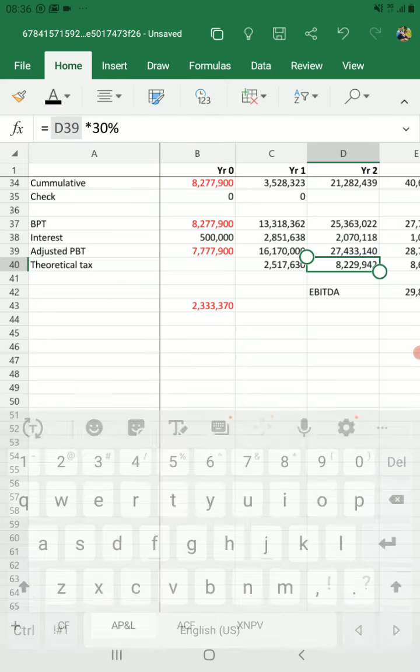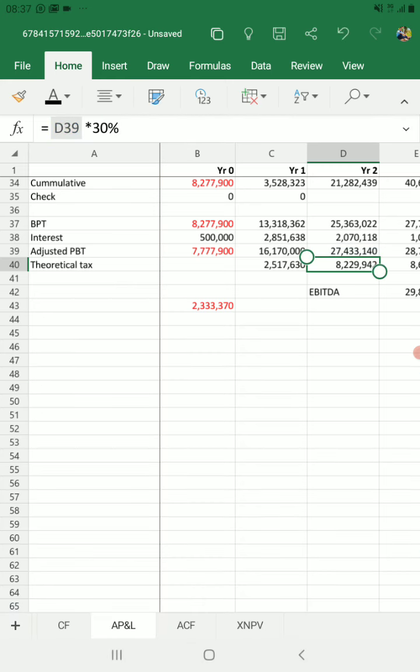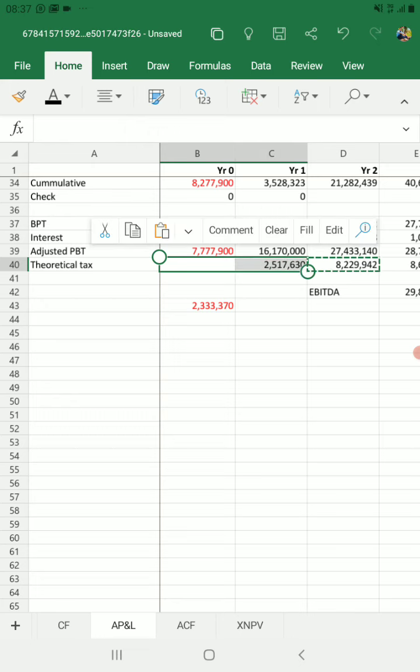So let us copy this formula to be applicable from year 0. I copy this from here to here, and then I paste.